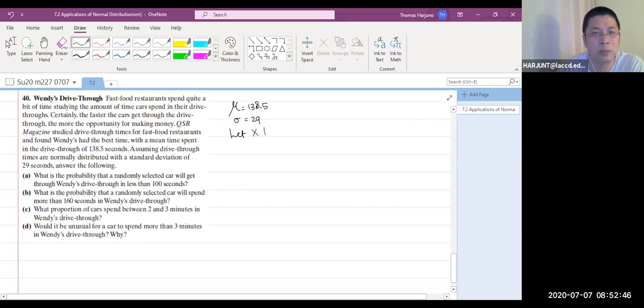Let X be the time spent on drive-thru. This X, according to the passage, is normally distributed with mean 138.5 and standard deviation 29.